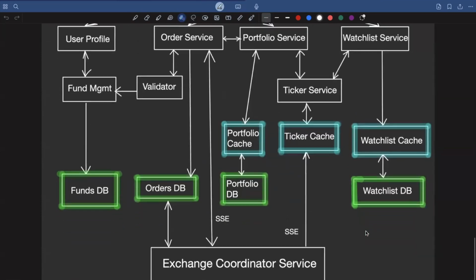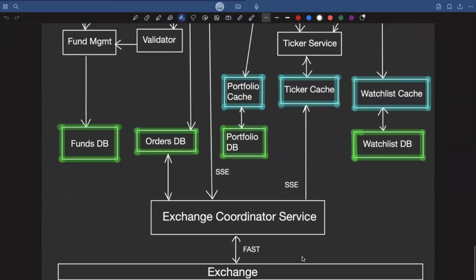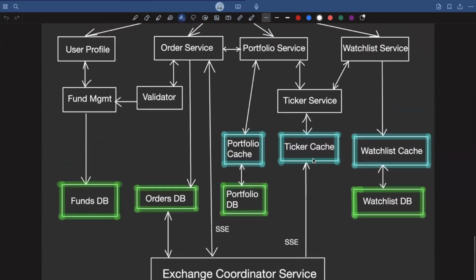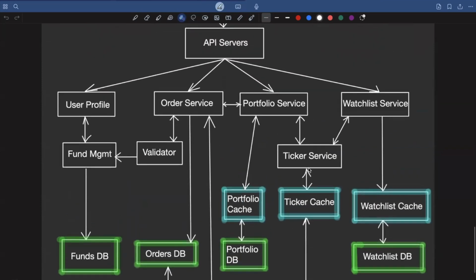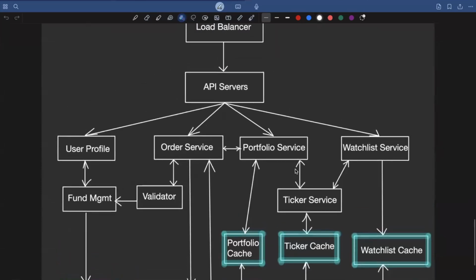So considering that from the exchange we can read 10 times per second for the stocks, the data can be updated in the ticker cache 10 times per second, and the portfolio service can request the data once every second to update the portfolio cache. That should be good enough.